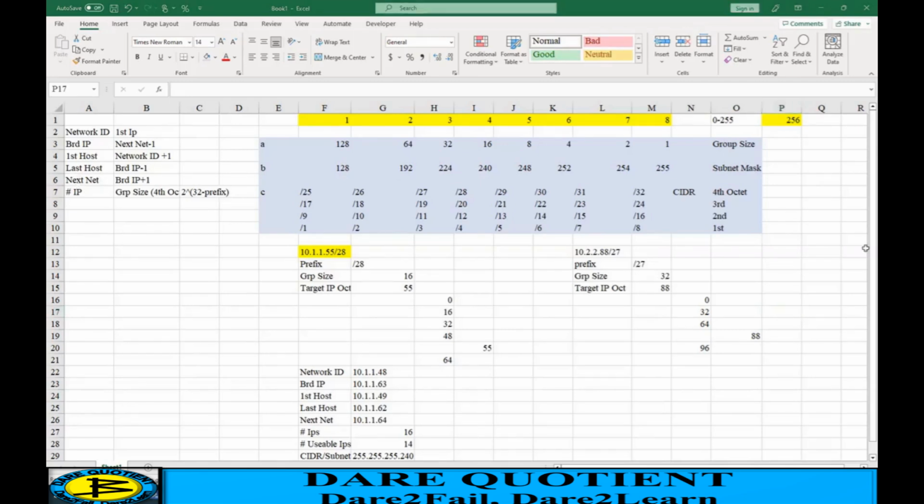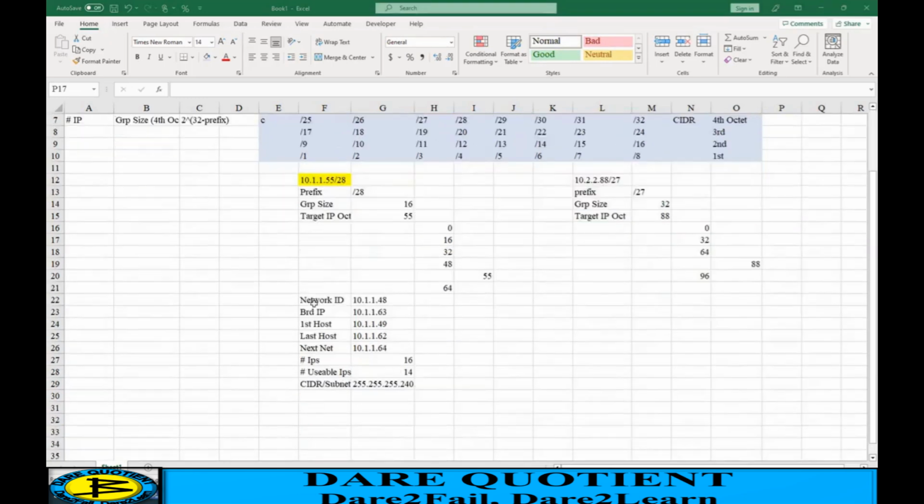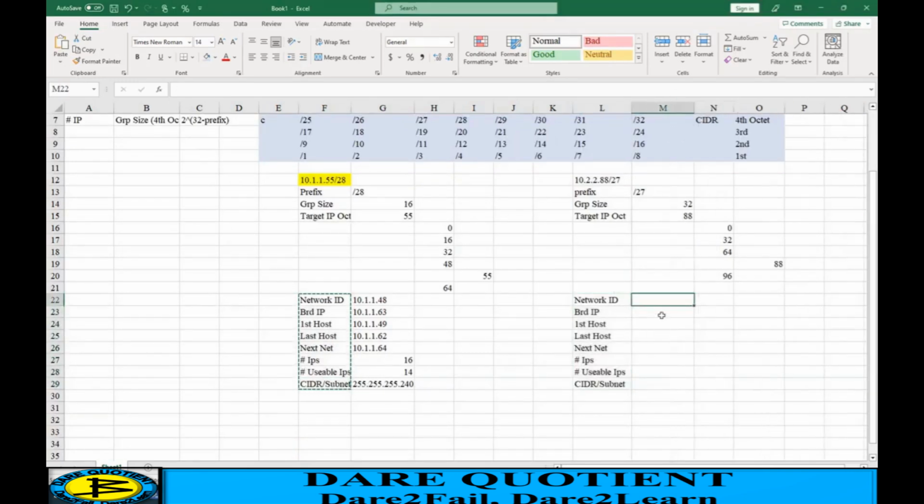So the value before our target IP octet value of 88 gives us our network ID. So our network ID becomes 10.2.2.